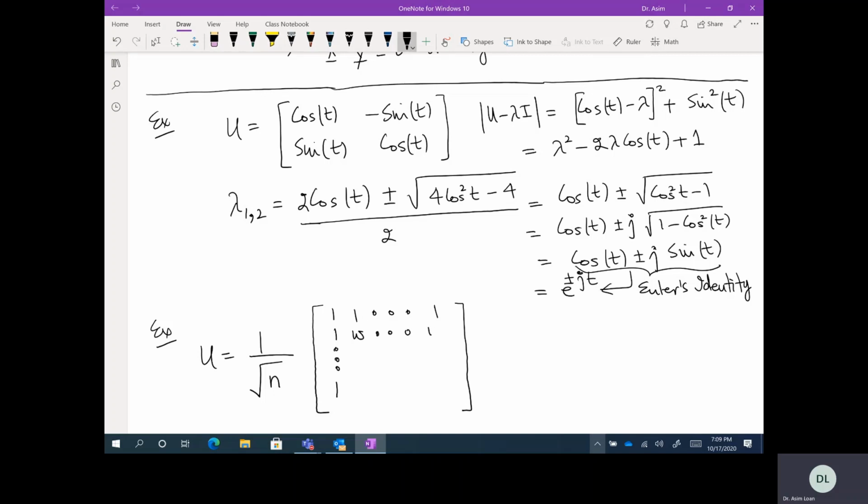This goes here, this is w^(n-1). Comes down, this is w^(n-1). So it's a symmetric matrix. Goes here, this is w^(n-1) squared, where w is e^(j2pi/n), and this is the Fourier matrix.